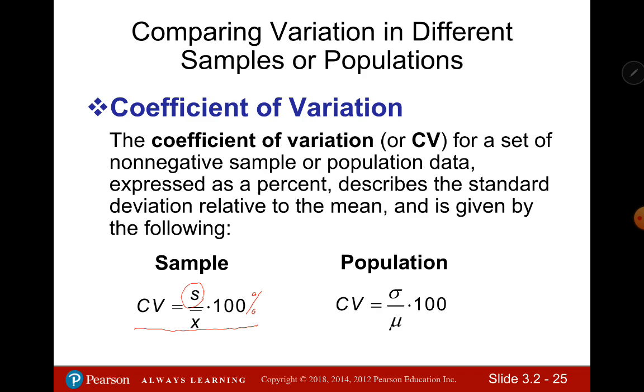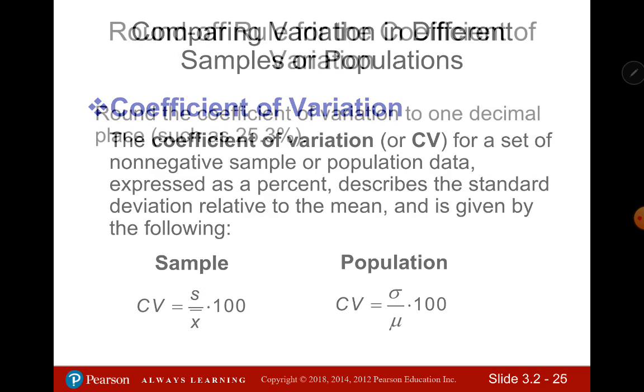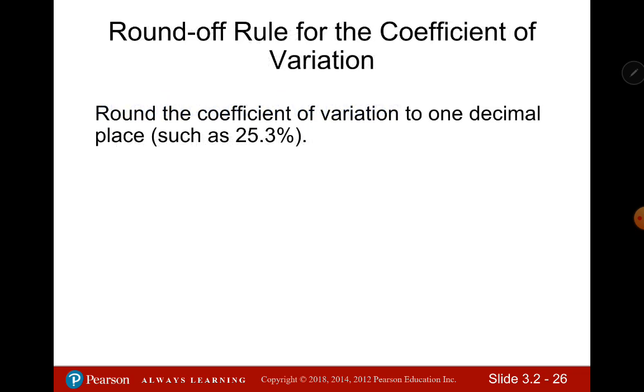It just describes the standard deviation relative to the mean. So it's called a coefficient. And we always round the coefficient to 1 decimal place.